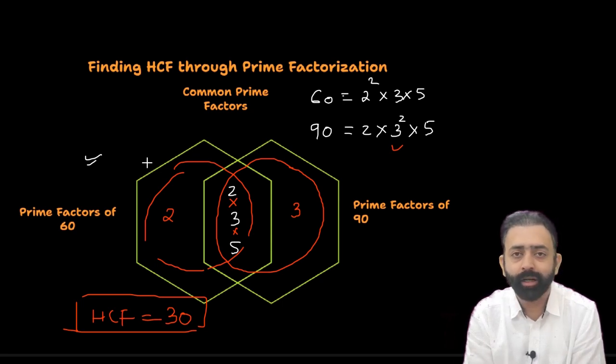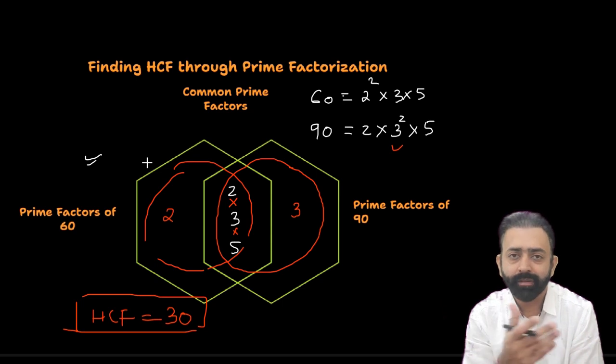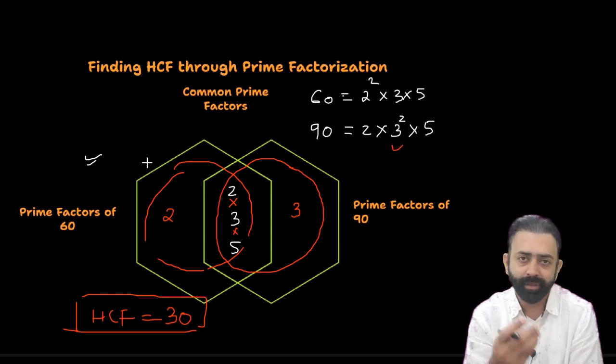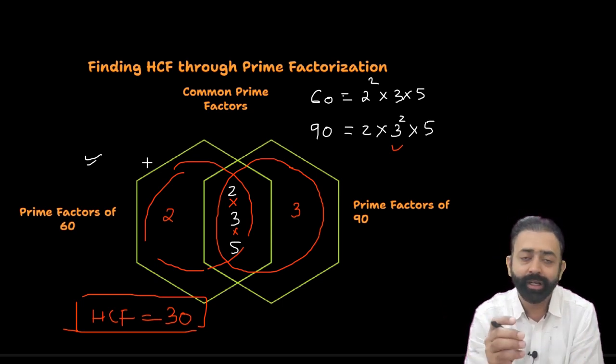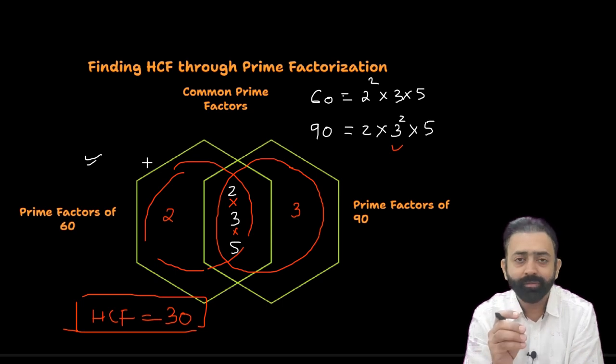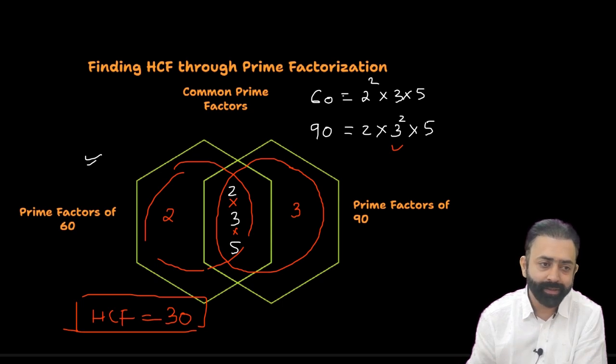Okay, so that is the meaning of HCF, right? And how will we find it? By writing the given numbers in terms of their prime factors and exponents, to find the common factors with least exponent.